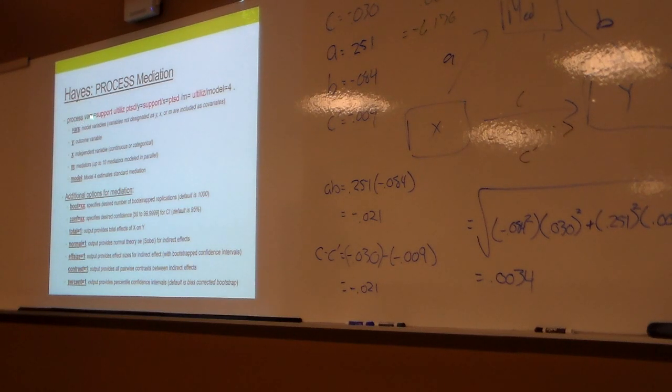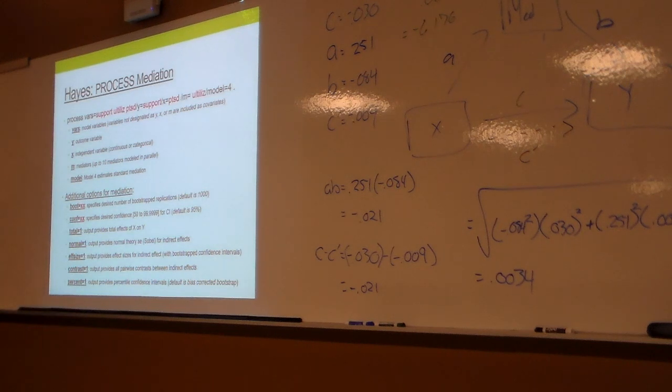You go PROCESS vars equals the variables included in your model. This is going to be support, utilization, PTSD. My Y is support, my X is PTSD, my moderator is utilization, and then I'm telling PROCESS which model to run.